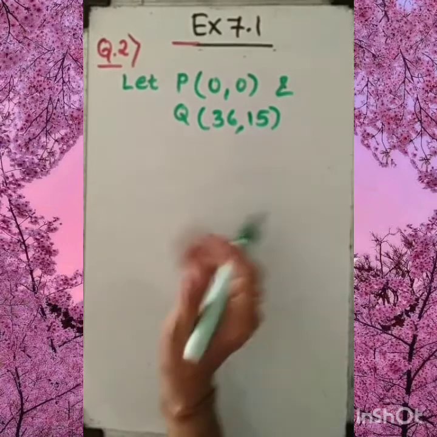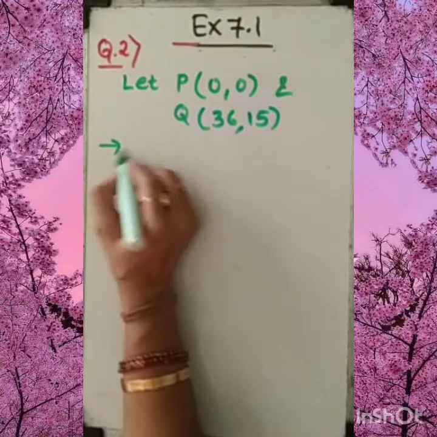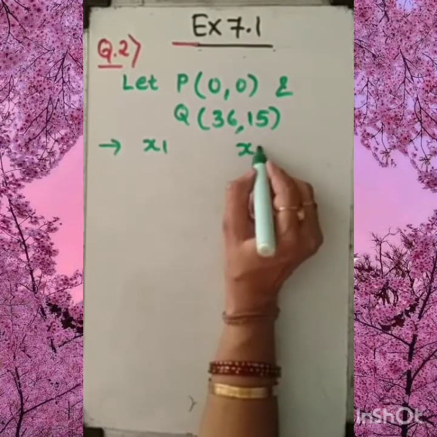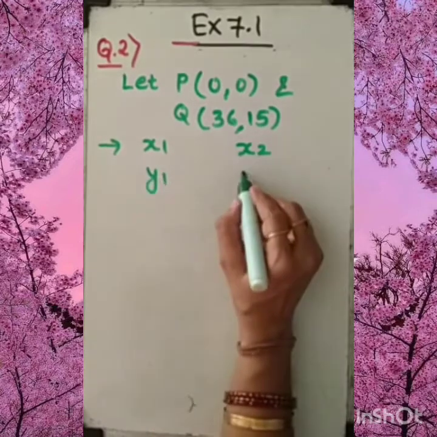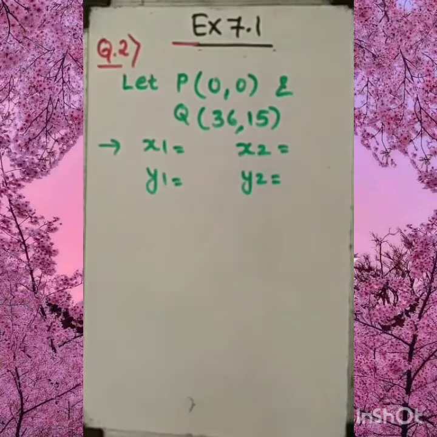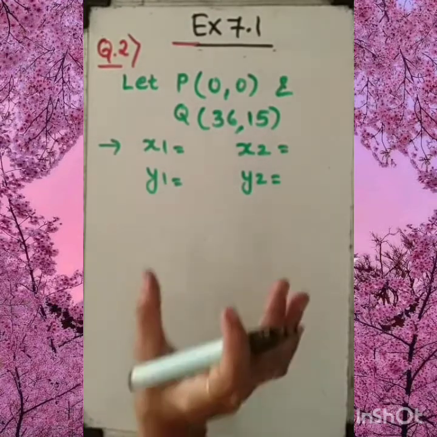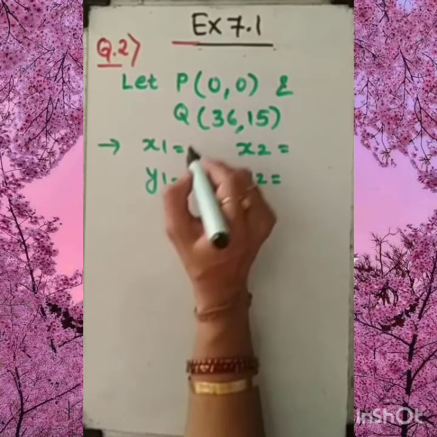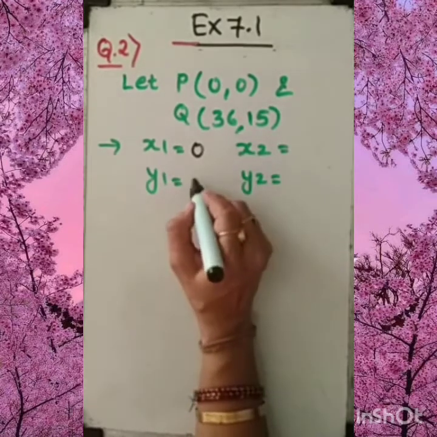Okay, so first of all, let me note down as usual x1, x2, y1, y2. So my dear student, here it is already in the origin, so we can apply the direct formula also. If not, then you can apply the distance formula. The answer remains same as here 0, and here this is also 0.